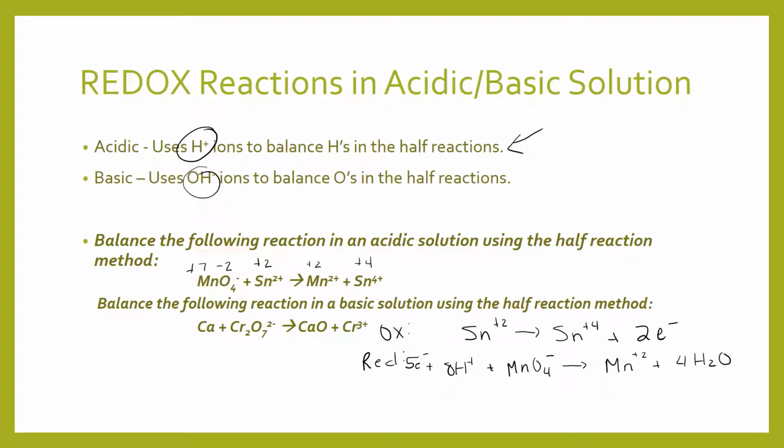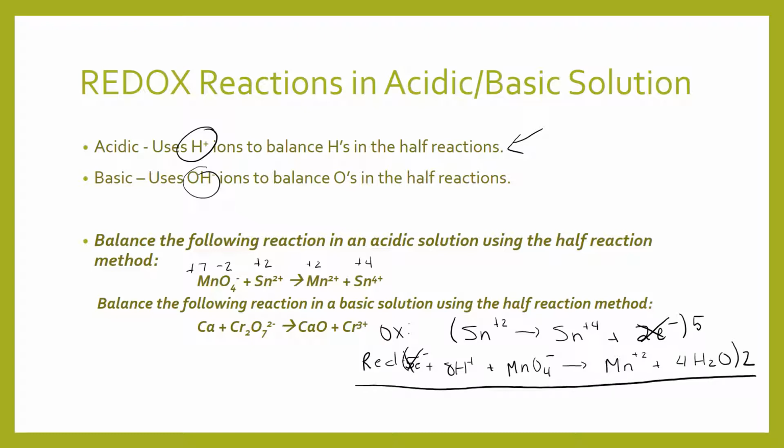The last step is to guarantee that my electrons balance out. The only way to do this is to multiply the top by 5 and the bottom by 2. This will give me 10 electrons in both reactions, which will allow me to cross them out.